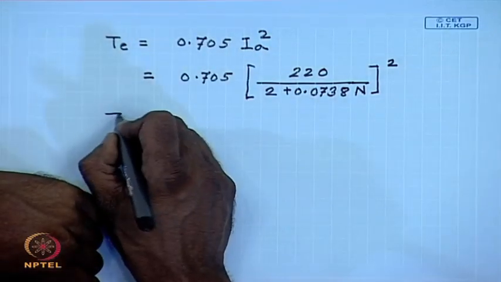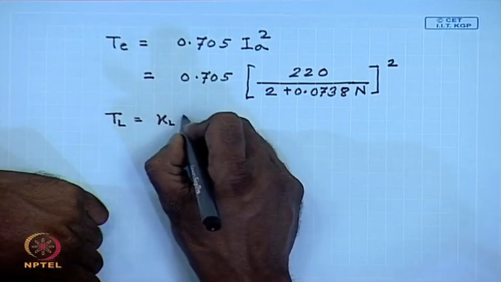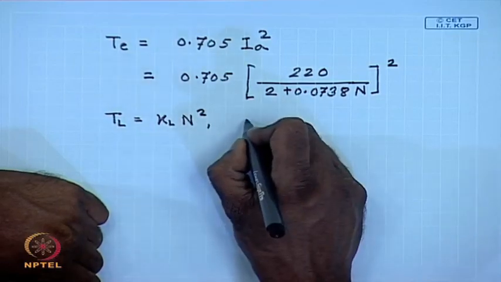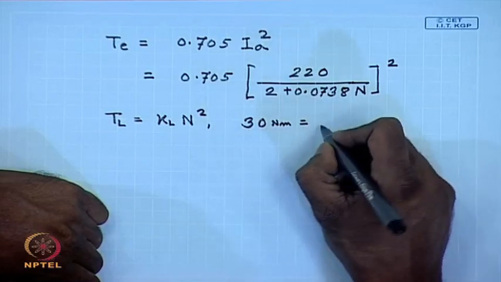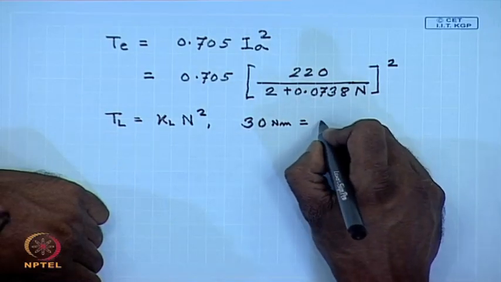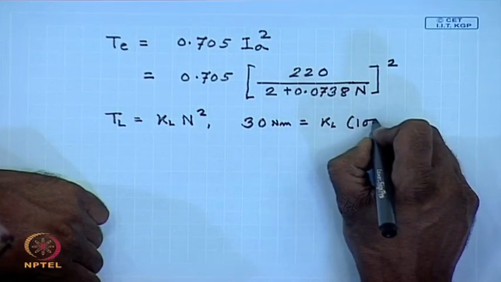Also the load torque equal to some KL into n square, where we have given 30 Newton meter equal to KL into 1000 square.